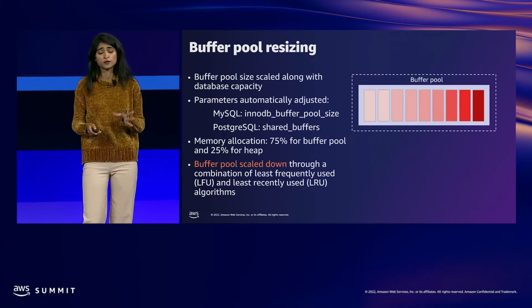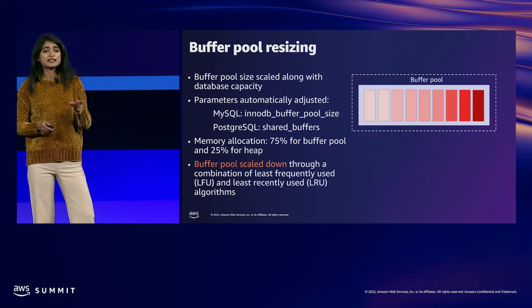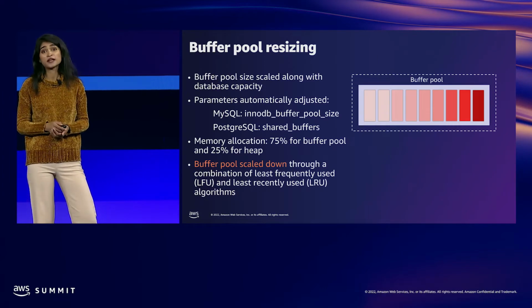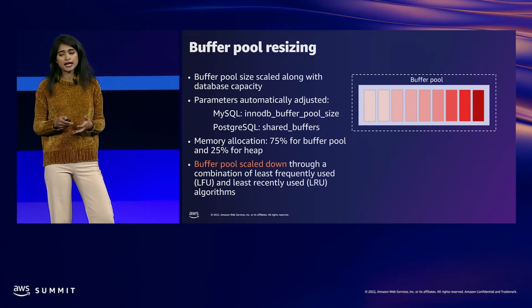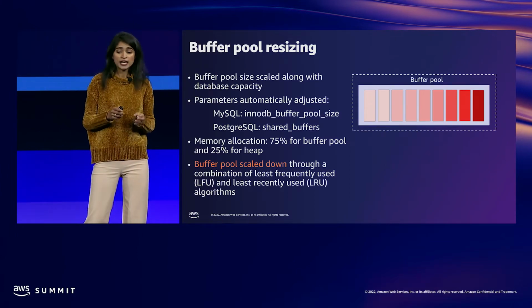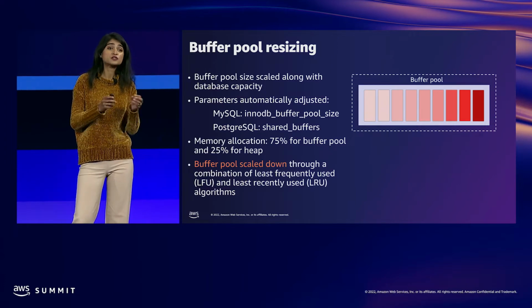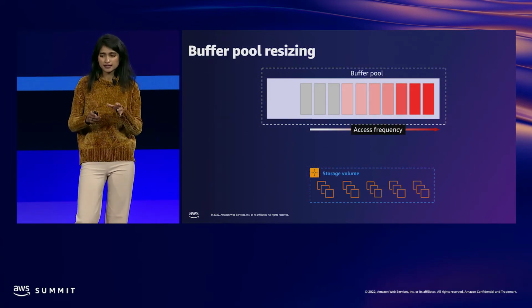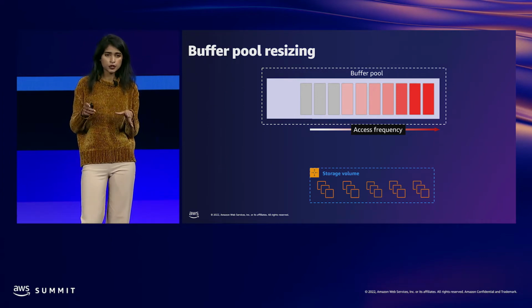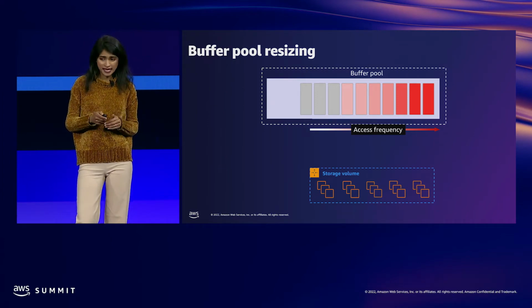By default, for memory allocation, we assign 75% to the buffer pool and 25% to heap, for operations such as sorting. For buffer pool scale down, we use a combination of least frequently used and least recently used algorithms. Now, I'm going to run through this animation to show you how buffer pool resizing actually happens.